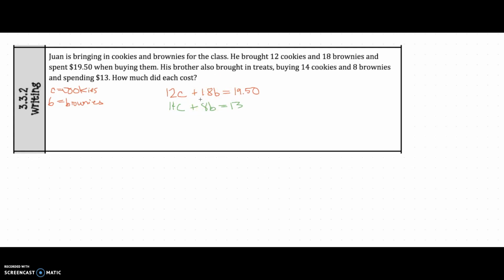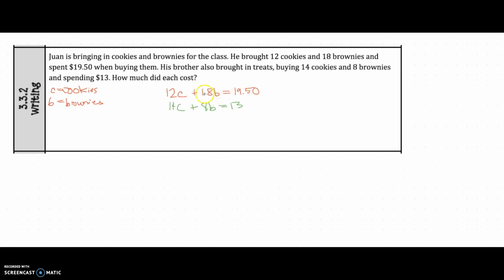So you could find their least common multiple, like you could see what they have in common. But what I like to do if I can't figure it out right away, I don't like to spend a lot of time on it. I know something that will always work, and that's multiplying the top by whatever the bottom one is, and multiplying the bottom by whatever the top is. So I think I'm going to choose to get rid of the B's because this one has an 8 and that one's smallest.